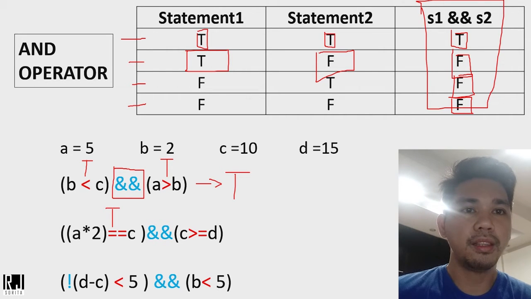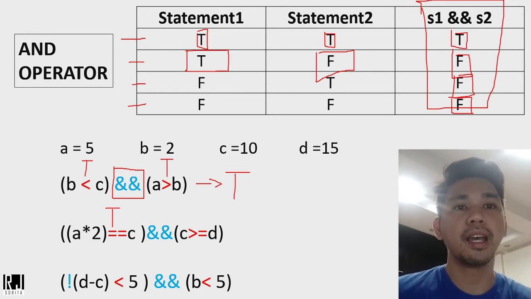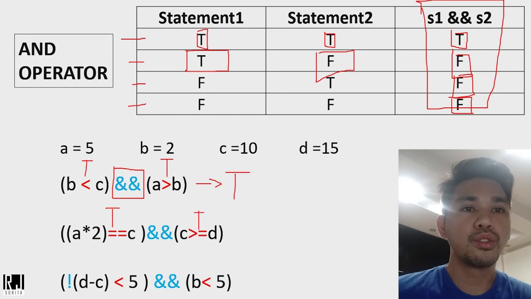C is 10. Is it greater than or equal to 15? Since it has an equal operation, this one is true. True and true would yield true.